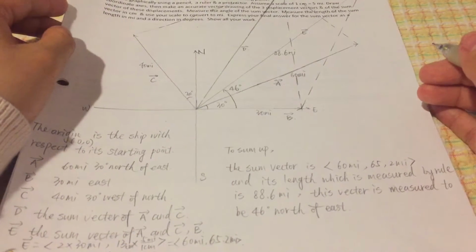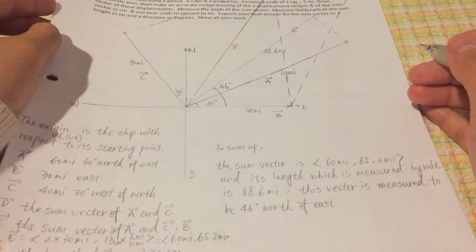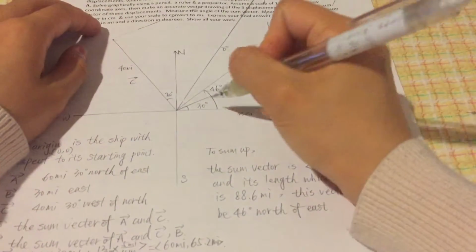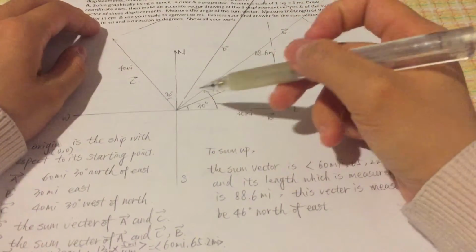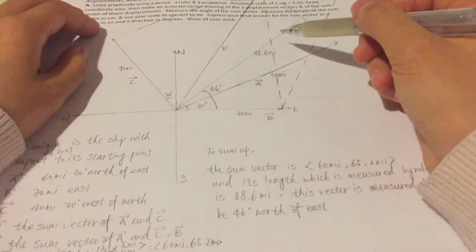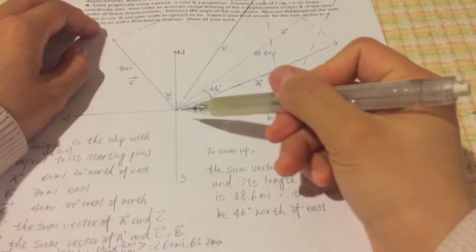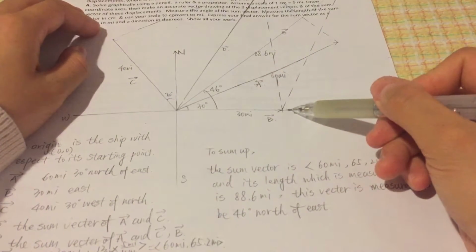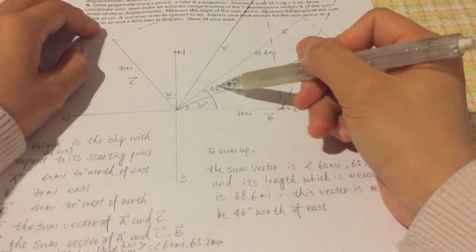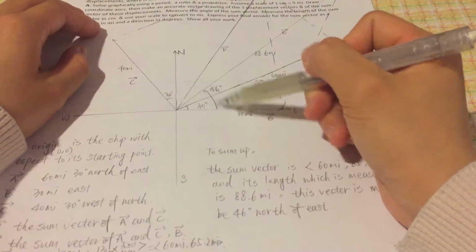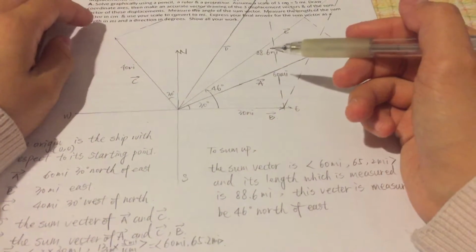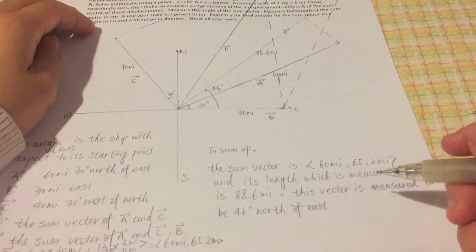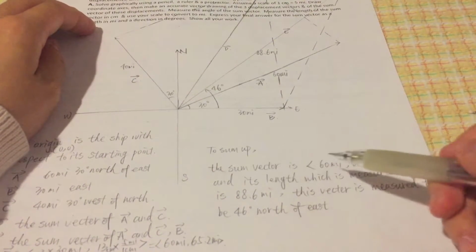After this, I'm going to use the protractor to measure the angle between vector E and the direction to the east, which is 46 degrees. So finally, I get the sum vector.